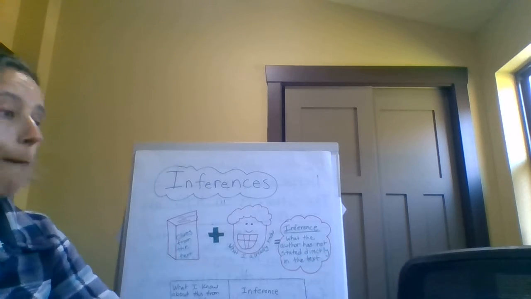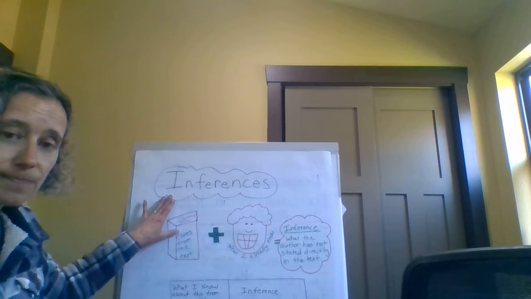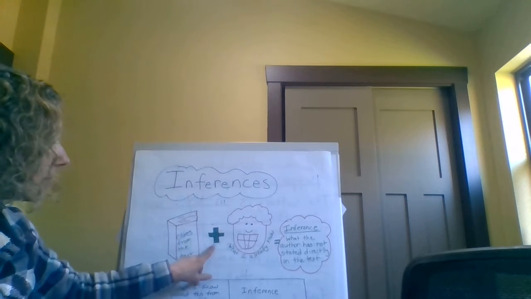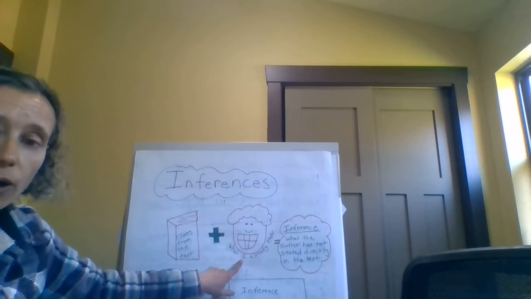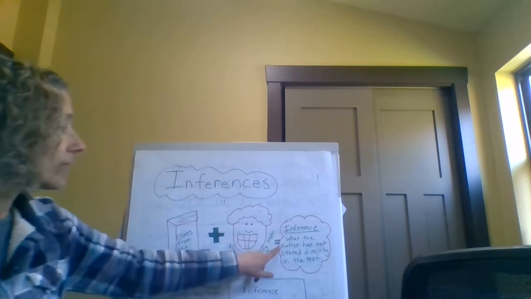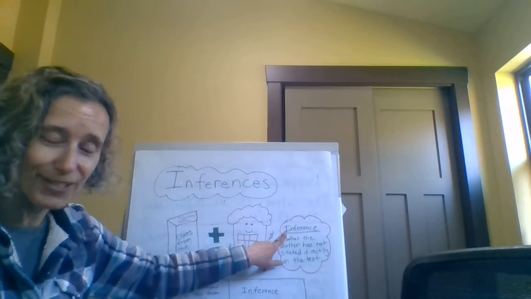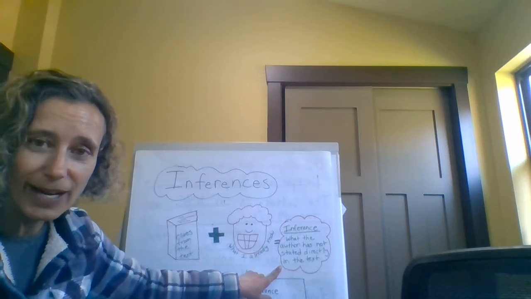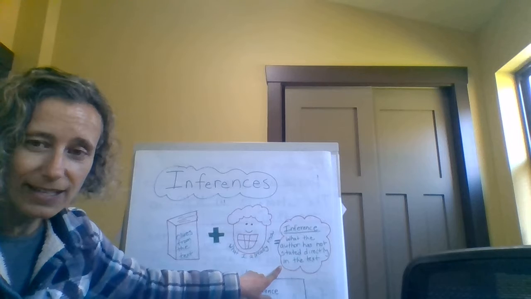Inferences are clues from the text plus what you already know equal an inference, which is what the author has not stated directly in the text.